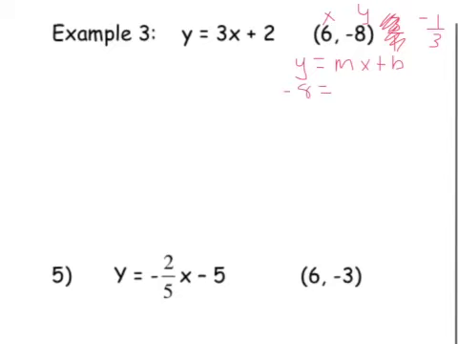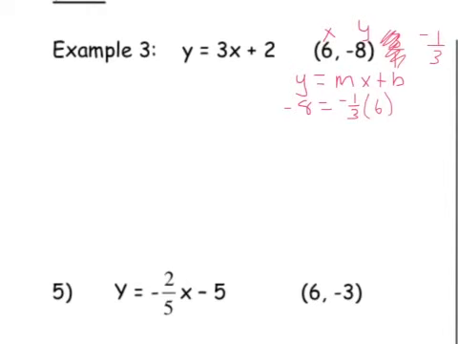That equals the slope, negative 1/3, times 6, so times the x, plus b. So negative 8 equals negative 1/3 of 6, so that's negative 2 plus b. Add 2 to both sides, so negative 6 equals b.